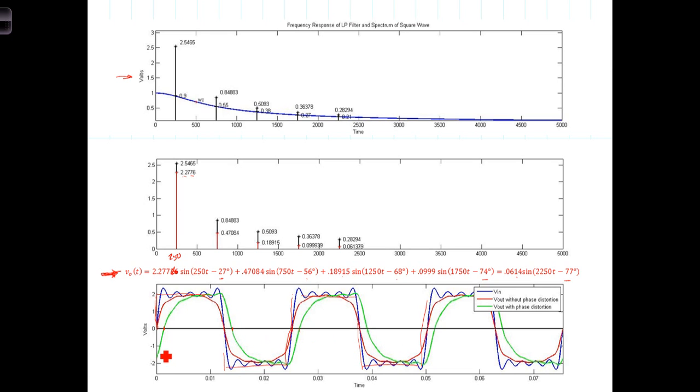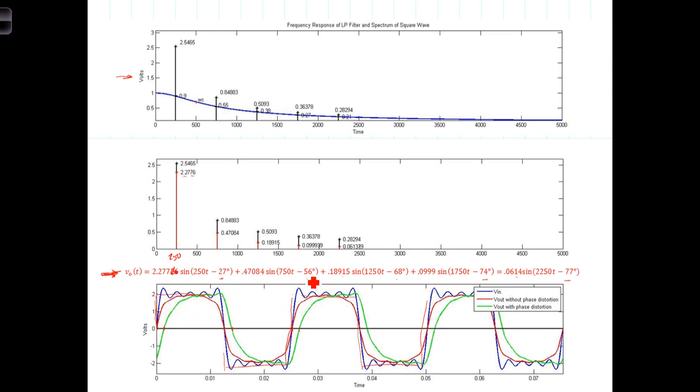So this green represents the phase distorted, phase shifted output with an amplitude as shown.